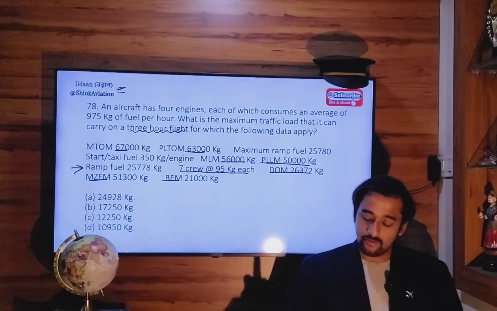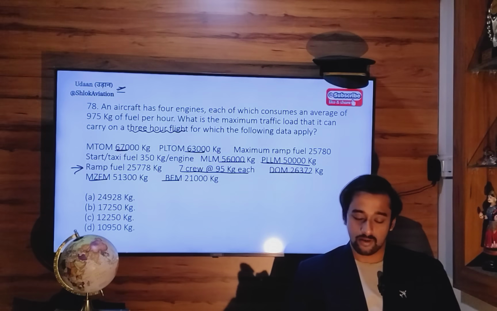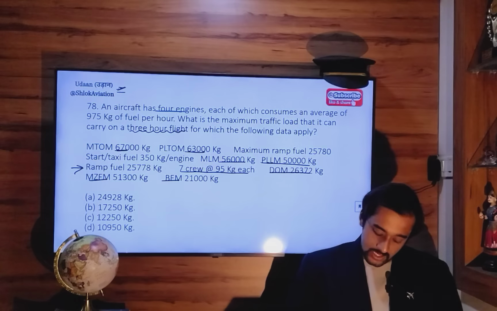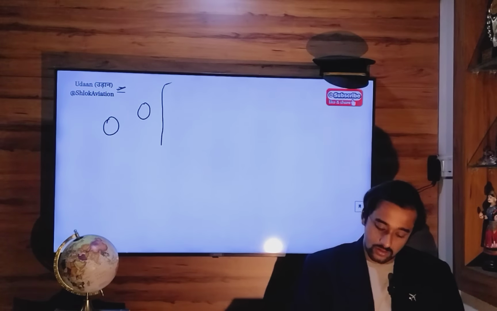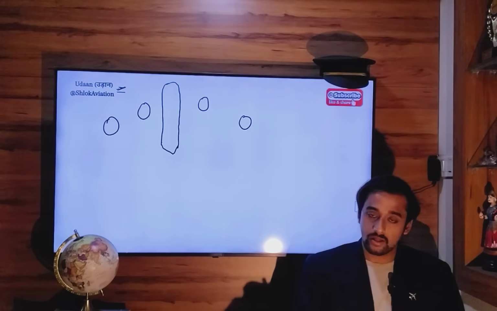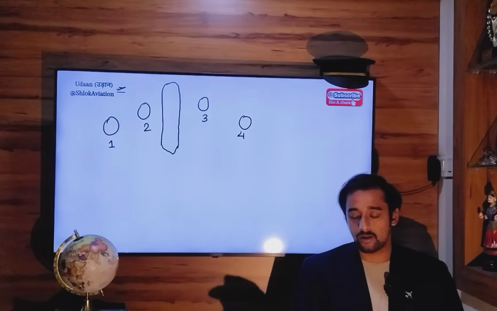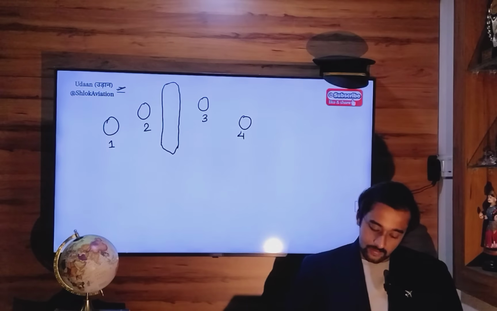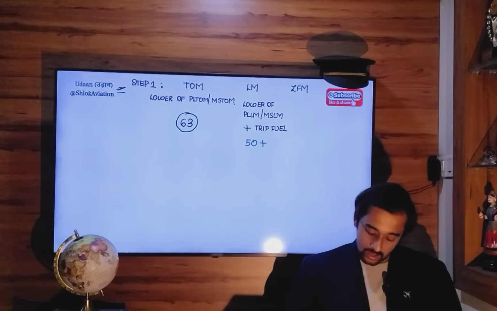Now trip fuel is not directly given to you, but they have given you some indirect information. Like aircraft has 4 engines. So this is your aircraft, has 4 engines. Engine number 1, engine number 2, engine number 3, engine number 4. Engine 1 consumes 975 kilograms fuel per hour.